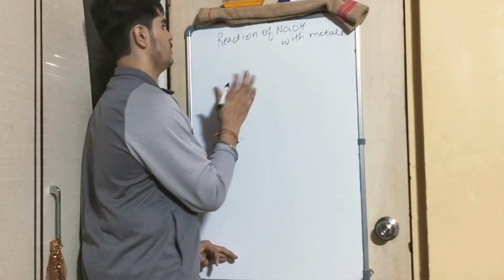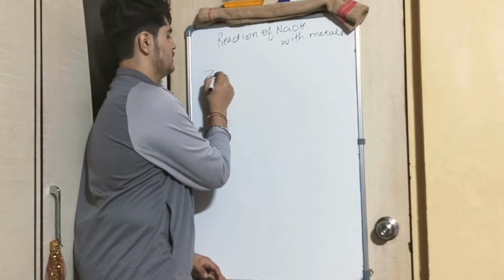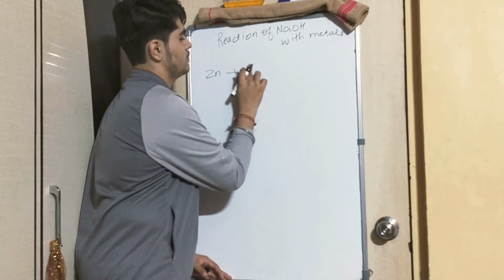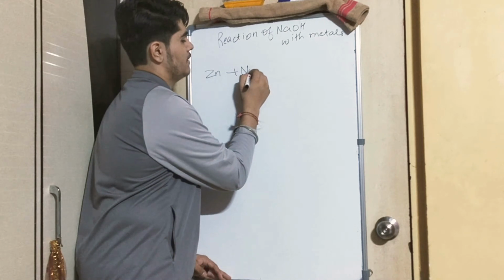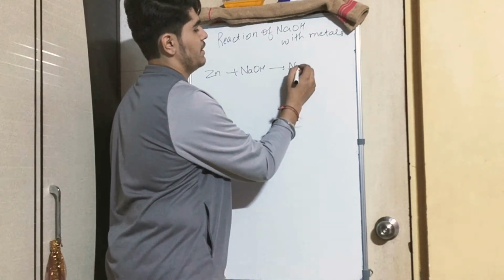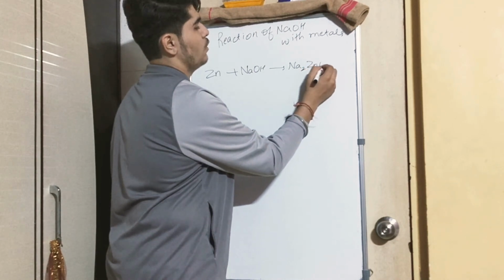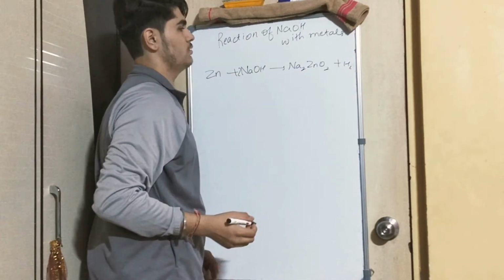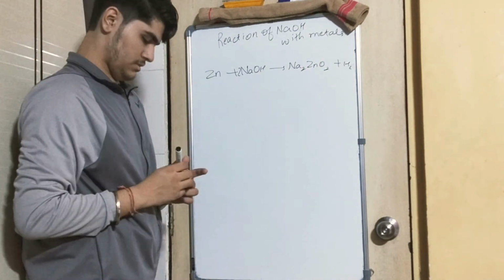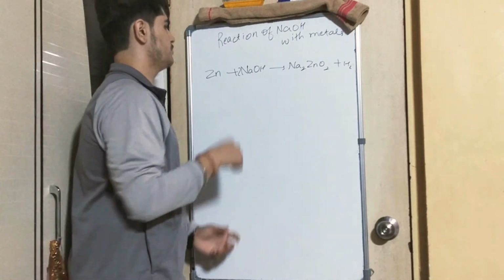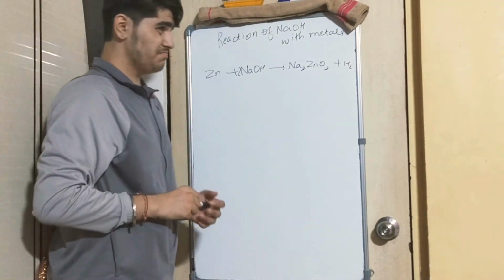I am giving only an example, such as Zn plus NaOH gives Na2ZnO2 plus H2. Here 2 balanced. Clear? This is a reaction with metal.